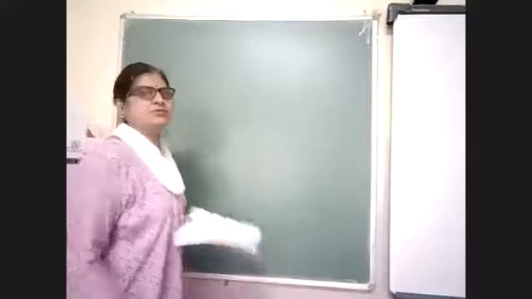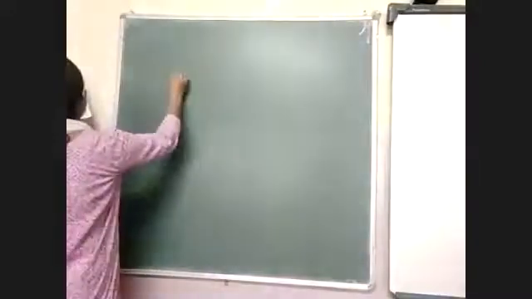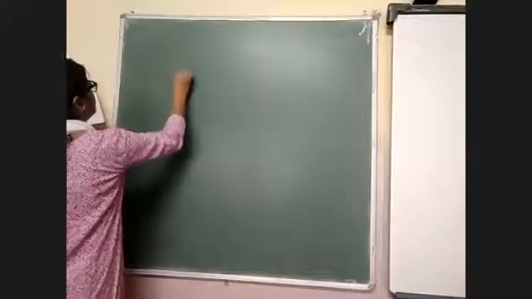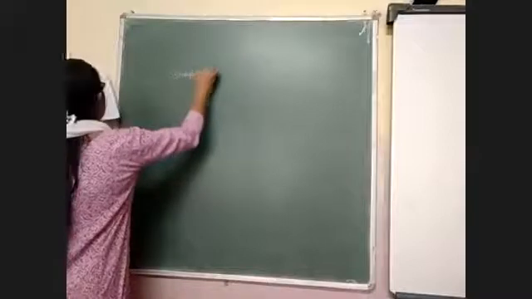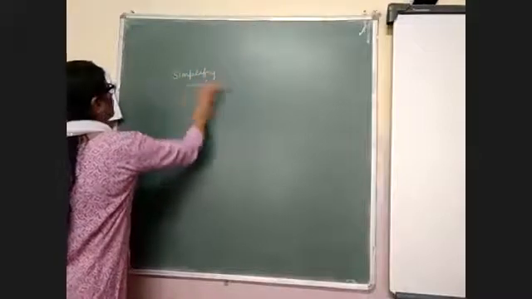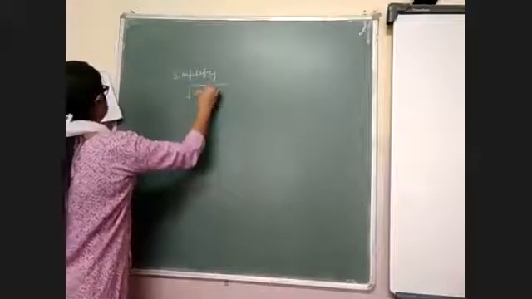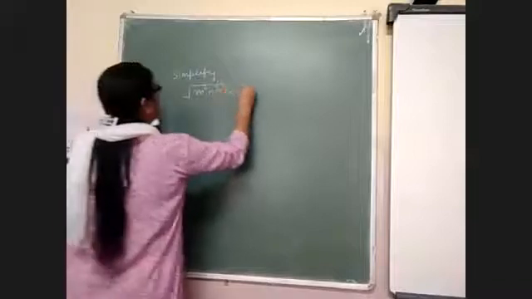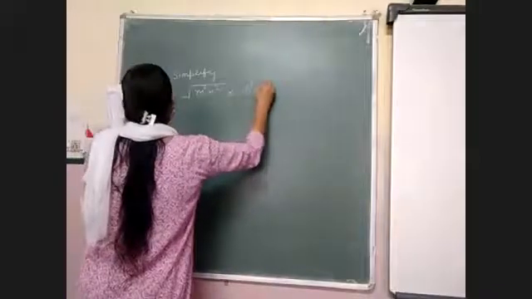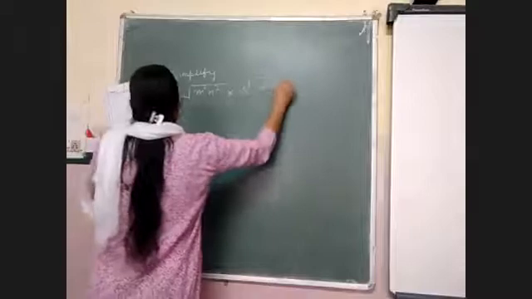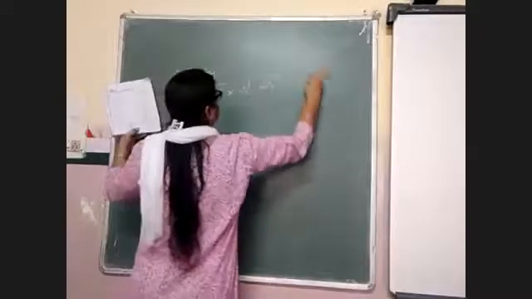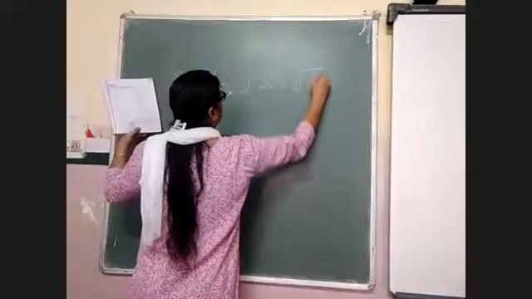Our next question, one more question I am taking again. Simplify: the square root of m square n square into the sixth root of m square n square into the seventh root of m square n square.